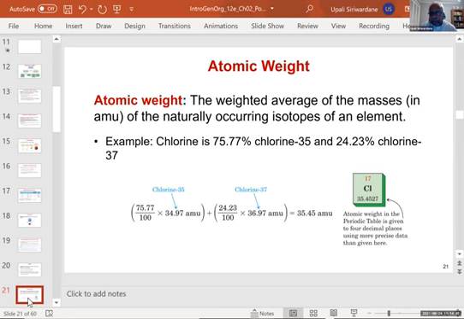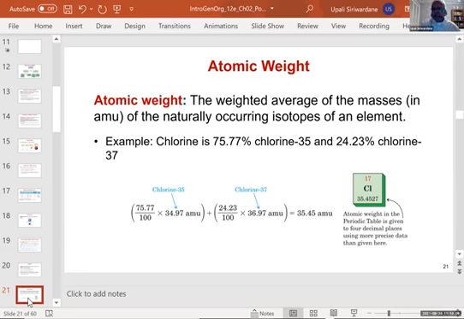The mass reported in the periodic table has more significant digits because more accurate weights are used than we use in the calculation. If you look at the periodic table, chlorine is 35.4527, which is the atomic mass given there.